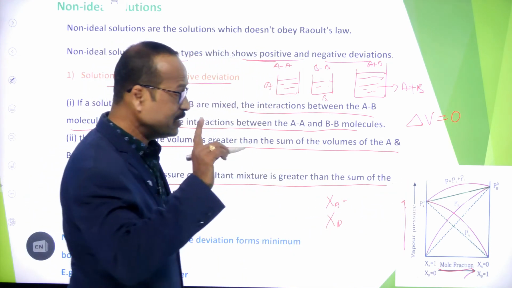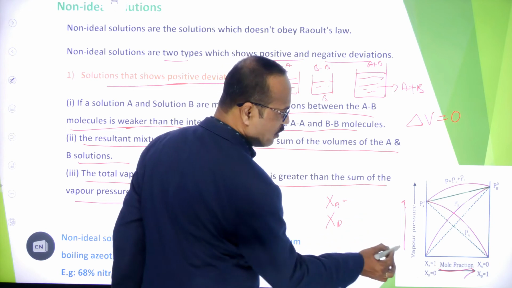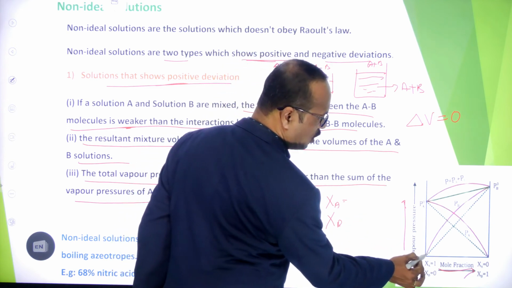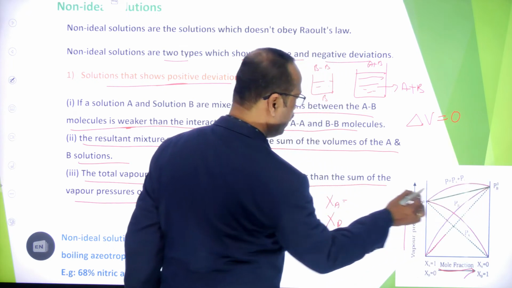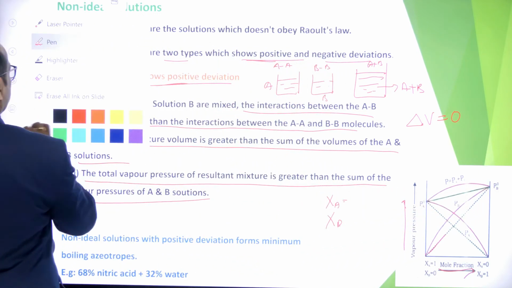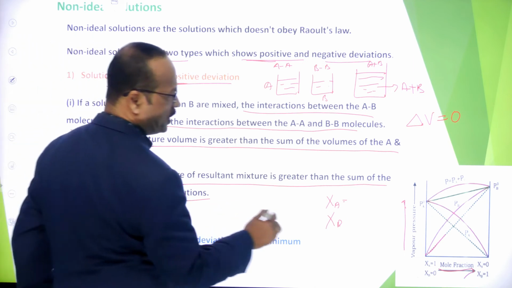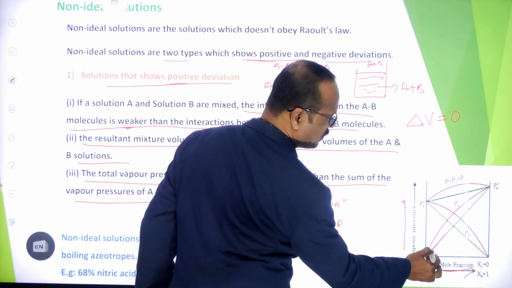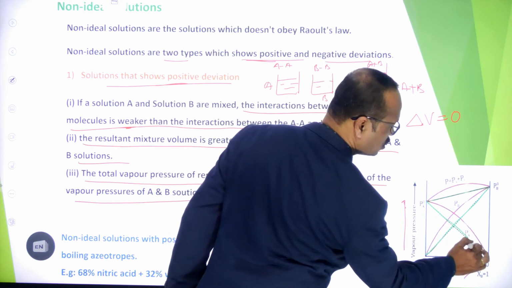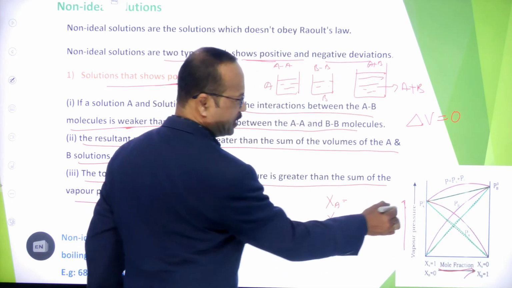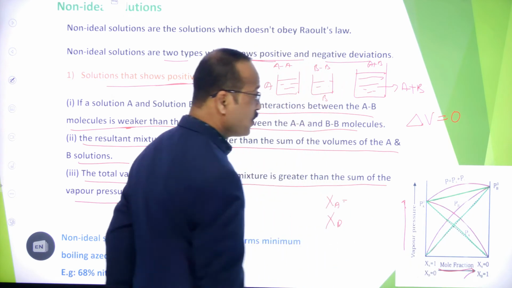For ideal solutions, how will the vapor pressure be? See this dotted line, can you see? It is going straight, the green color. This is for the ideal solution. So the ideal solution graph will be like this.